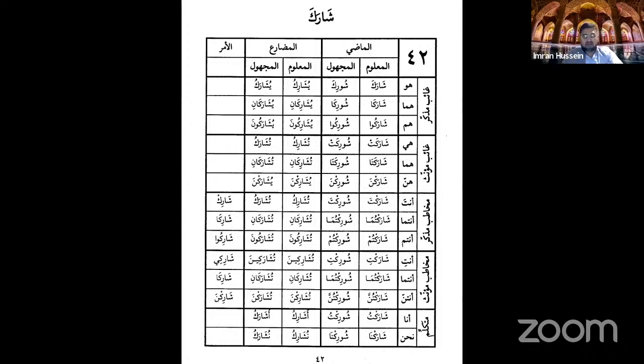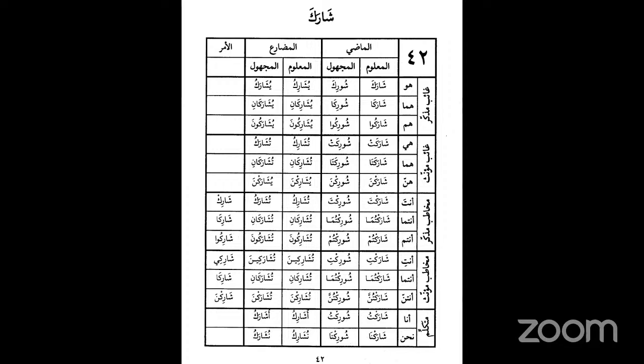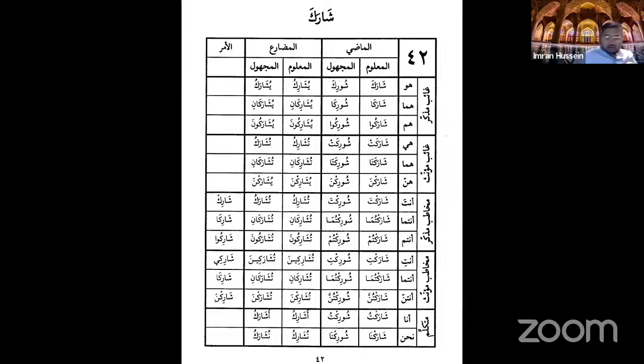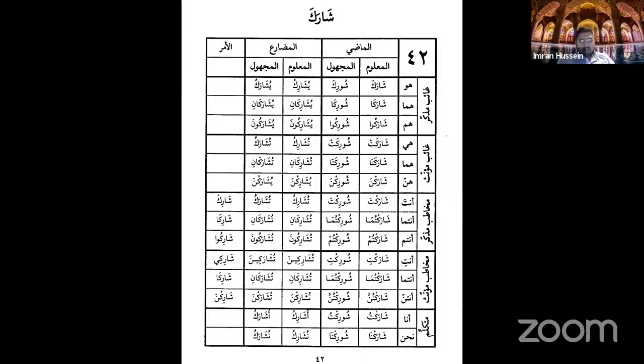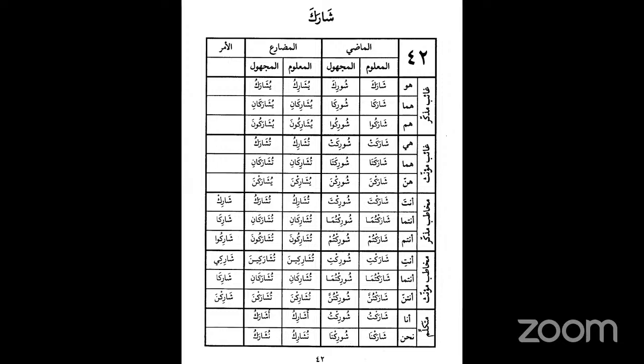Because the sheen has a fatha, it doesn't become silent if we drop the ta. So we just stick to sharik and drop the sign on top of the kaf and make it silent. So it would be sharik, sharika, shariku, shariki, sharika, sharikna.